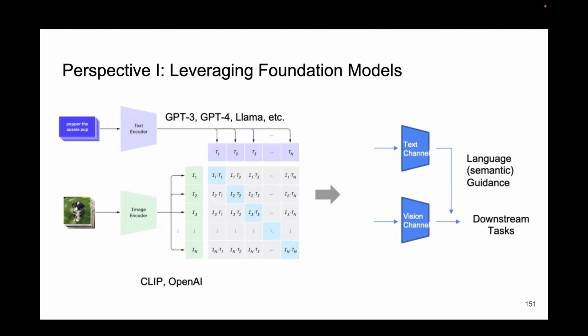Hopefully, in the feature space, these two domains of embeddings can be aligned with one another. By leveraging this inspiring work from CLIP, from OpenAI, we want our applications to similarly utilize the text channel, with its very strong understanding as well as reasoning capability, to guide us for vision channel tasks.